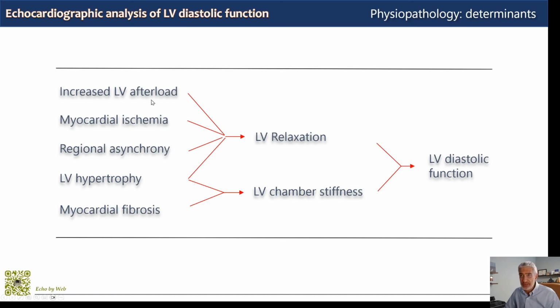For example, an increase in left ventricular afterload, as in arterial hypertension or aortic stenosis, prolongs LV relaxation, but also asynchrony, like in abnormal wall motion, myocardial ischemia, or dysynchrony, like in left bundle branch block, they all have an abnormal effect and prolong LV relaxation. Whereas typically the presence of myocardial fibrosis tends to increase chamber stiffness or reduce compliance.